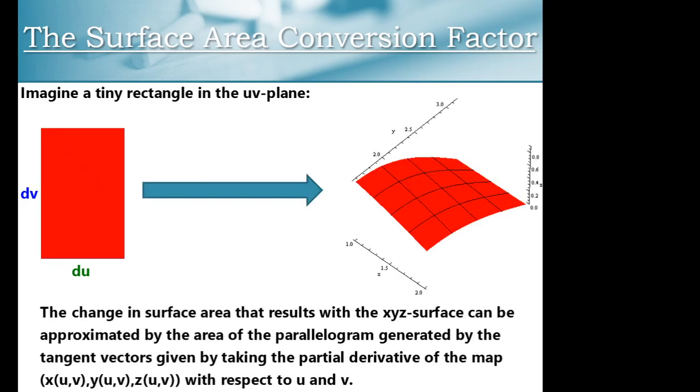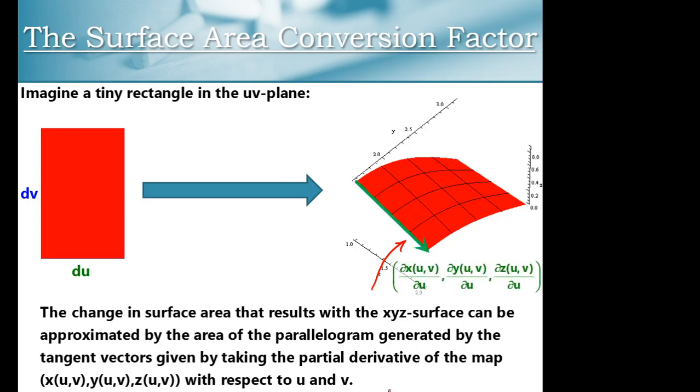And that tiny little rectangle maps to a tiny little piece of surface. And what you guys will notice is that the amount of area for the rectangle and the amount of area for the surface will vary depending on where you are on that surface, right? But we could approximate this surface area in XYZ space using a tiny little parallelogram.